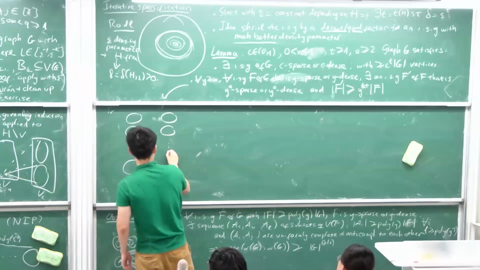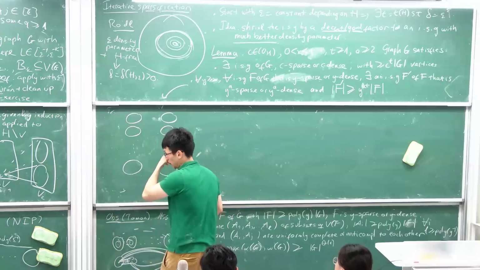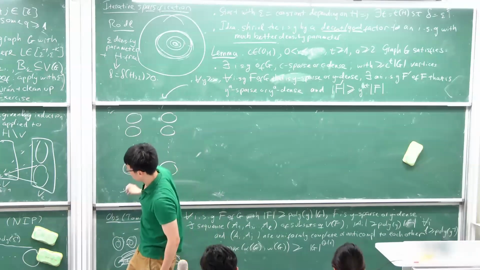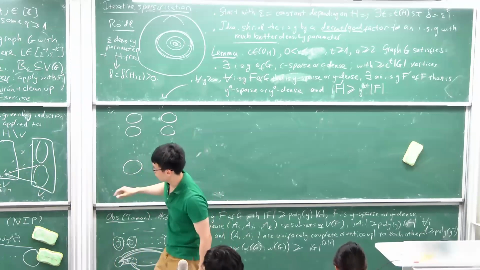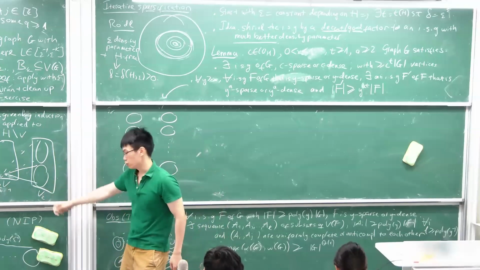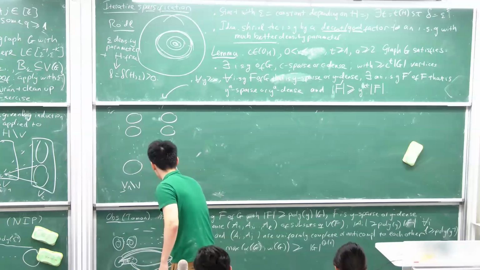And I can classify them into two. The left row is going to be those representing V1 minus V, and the right-hand side is going to be those representing V2.